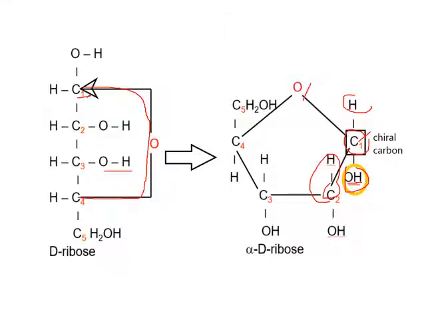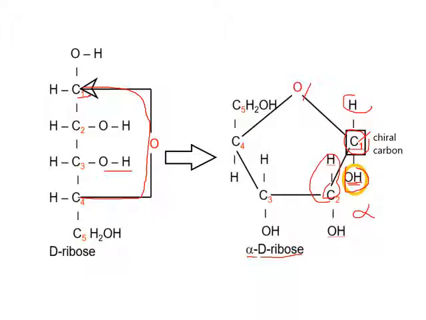So if this OH is going down, it's called alpha D ribose. We're not going to have L ribose. Here's what you're going to have to do with these structures. If you see this structure, you have to number the carbons 1, 2, 3, 4, 5.